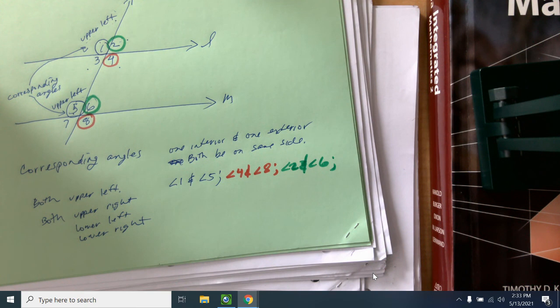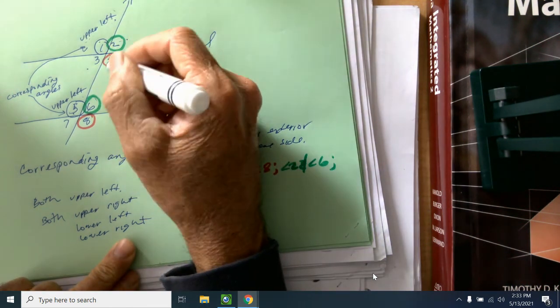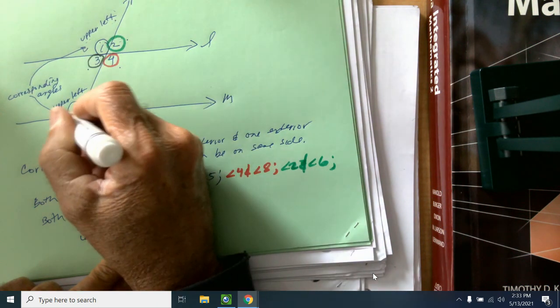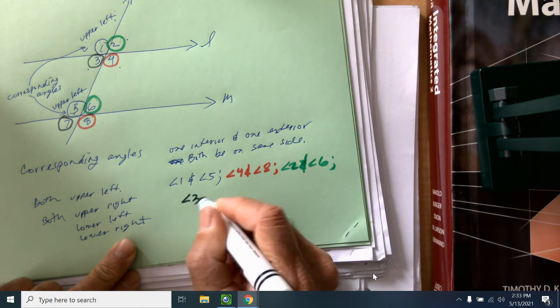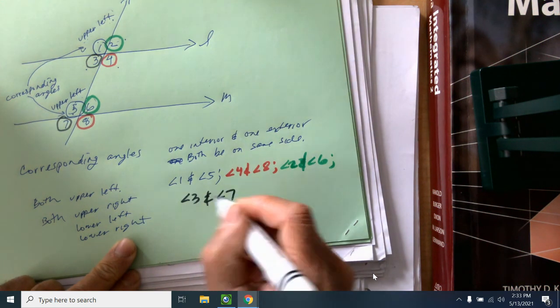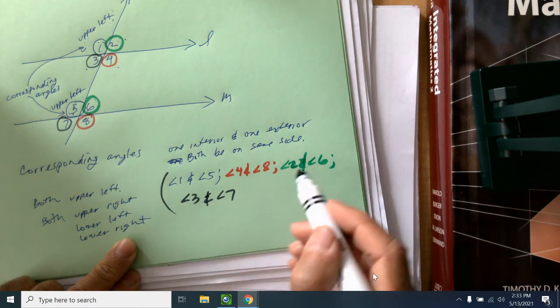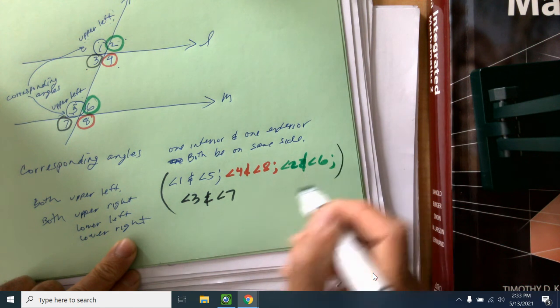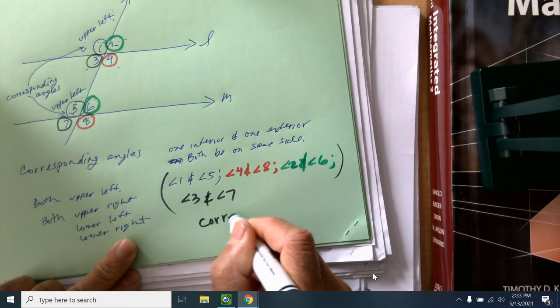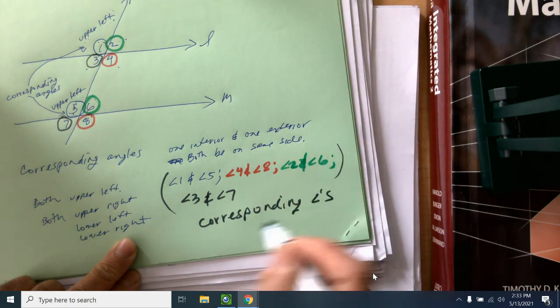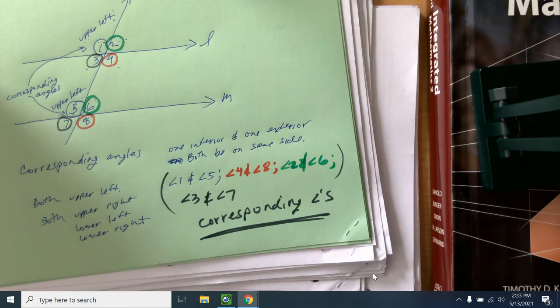And then I'm running out of pens here. So we've got 2 and 6, 4 and 8, 5 and 1, and then 3 and 7. So angle 3 and 7, angle 1 and 5, 4 and 8, 2 and 6. Those are all corresponding angles. Okay?